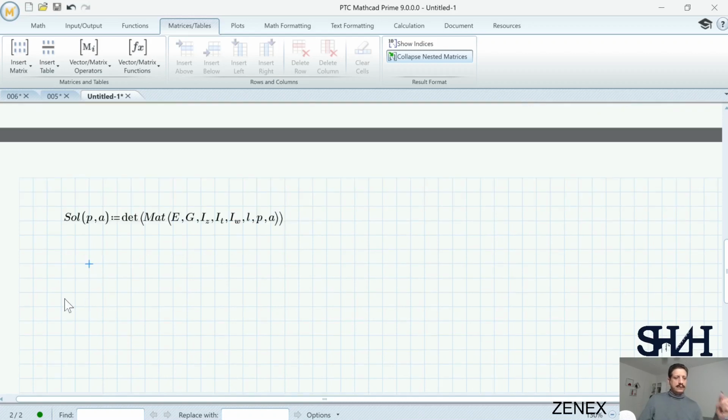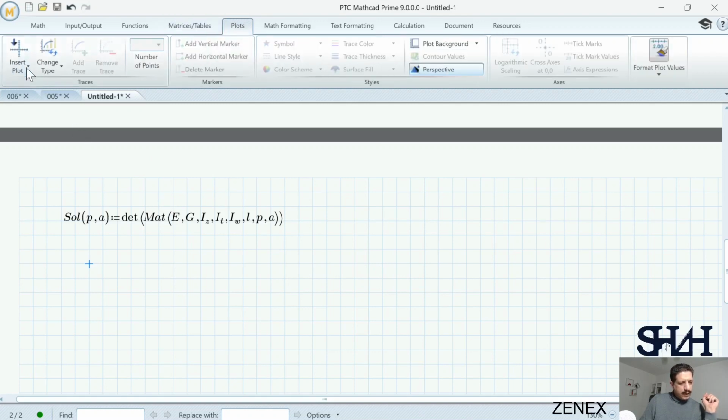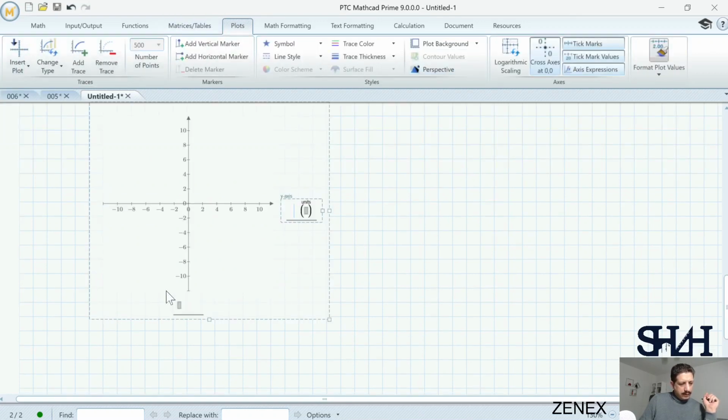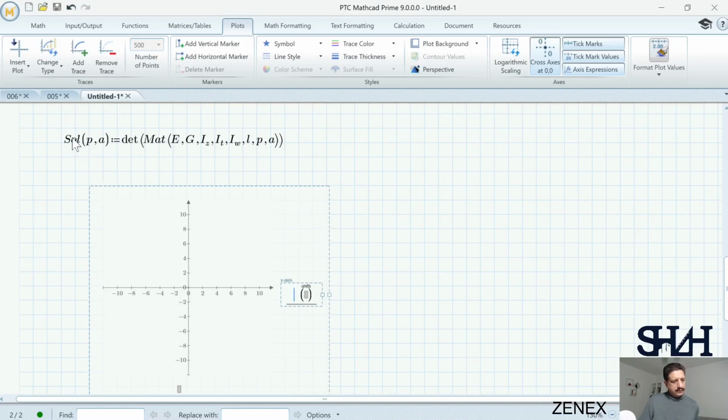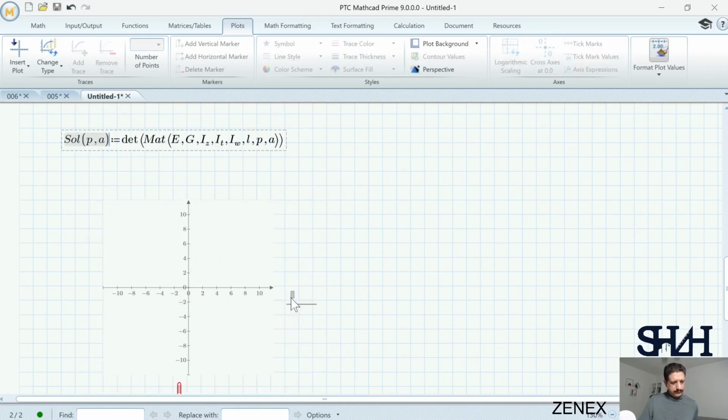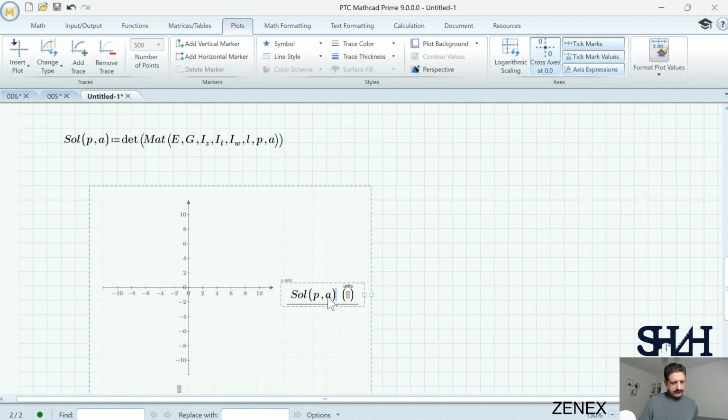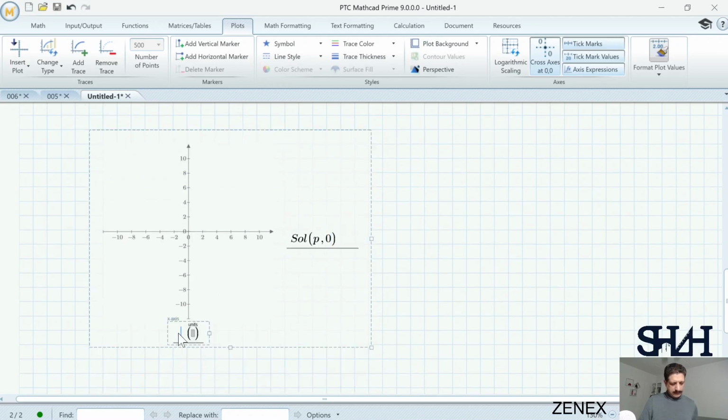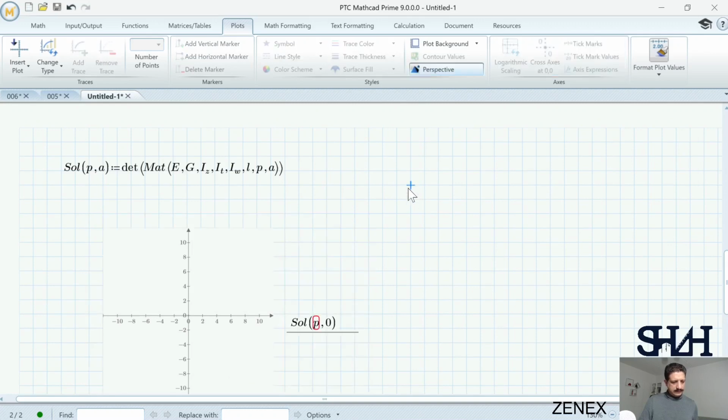So now we can solve it for P for different A values, but it is also nice if we can sketch to find out how it looks like. So solution, and where this solution is 0, then it's the answer for the P critical. And this is P.